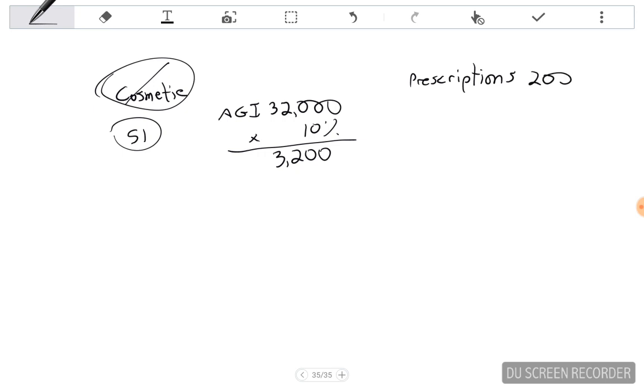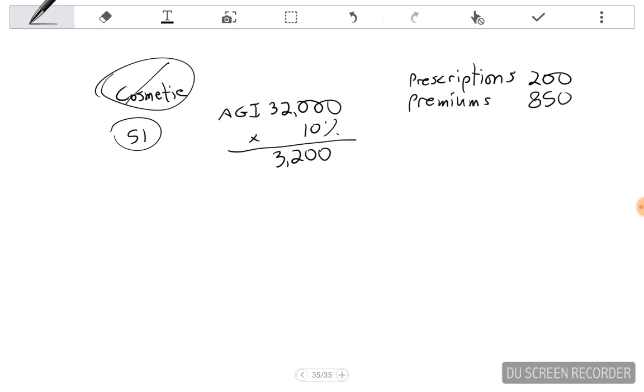So that's 200. And then we have the health insurance premiums after taxes. Those should work. After taxes, I'm thinking is net of any benefits.